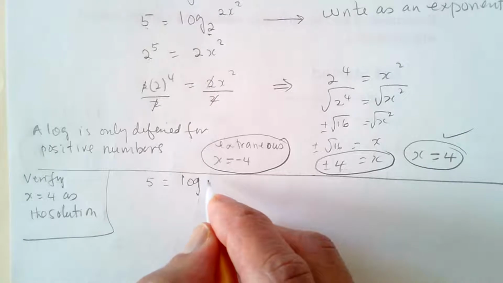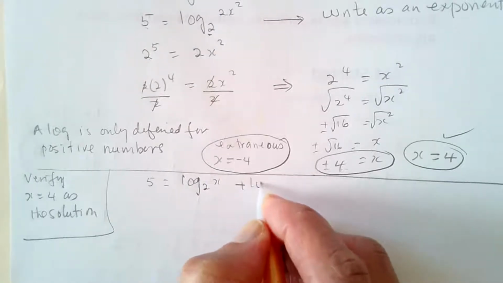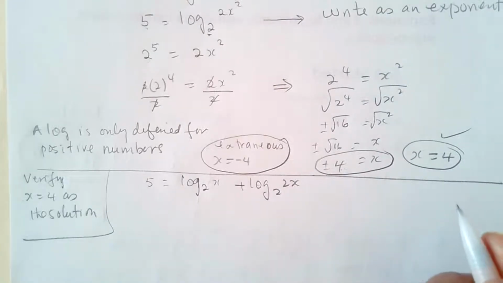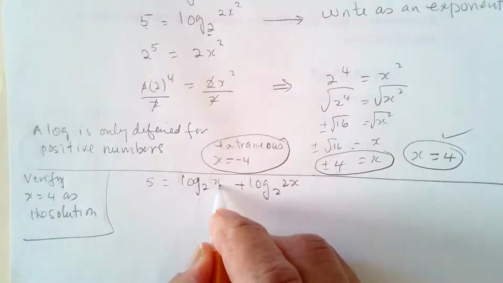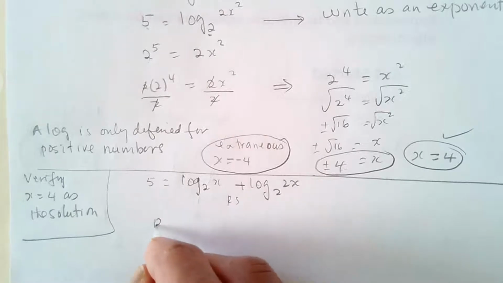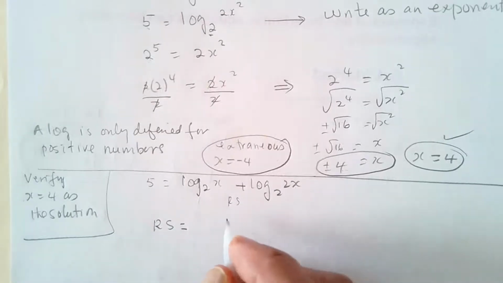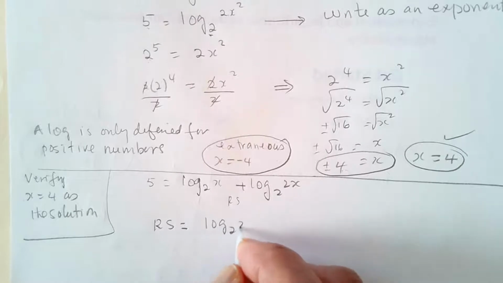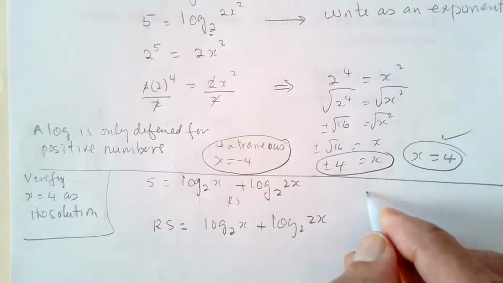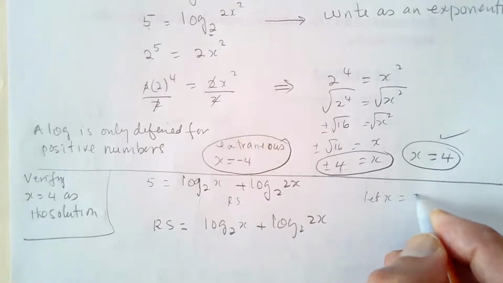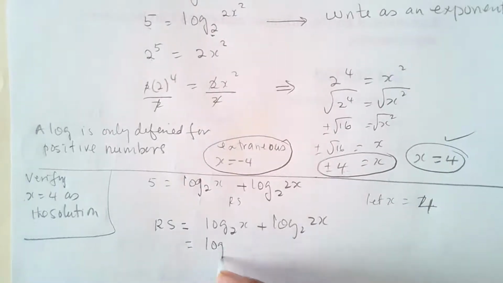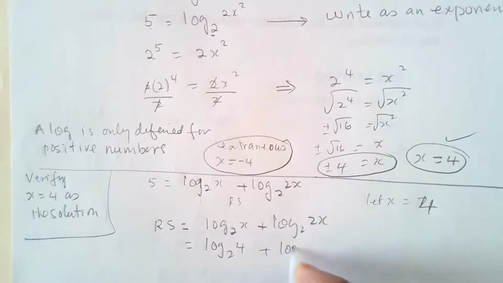Let's work with the right side. Let x equal 4. So log base 2 of 4 plus log base 2 of 8.